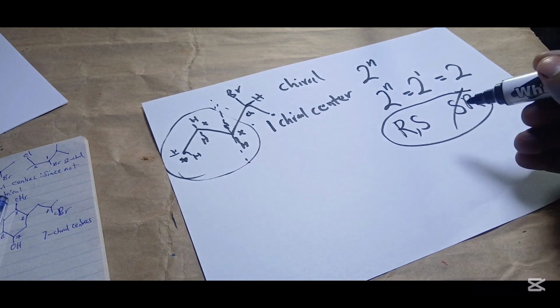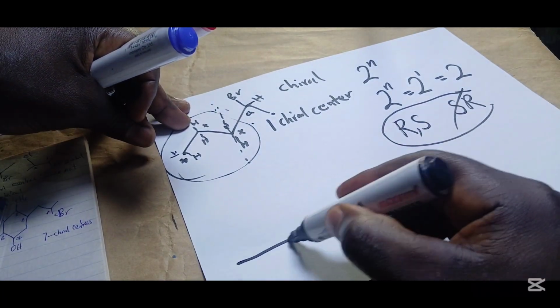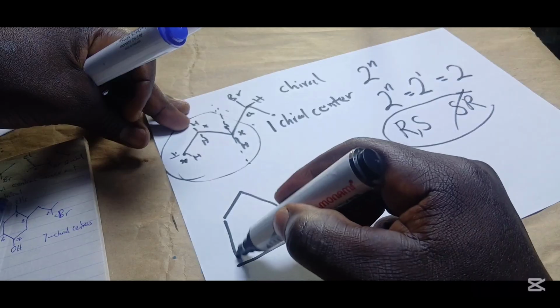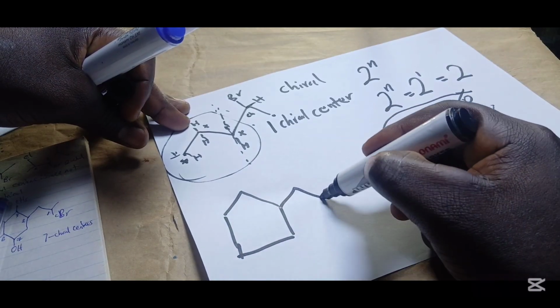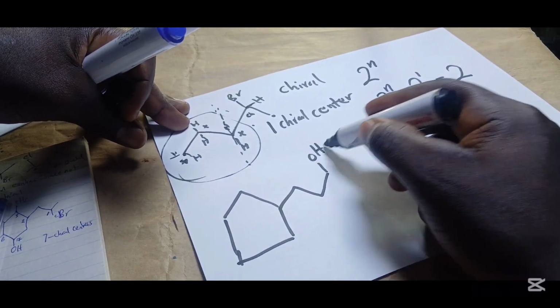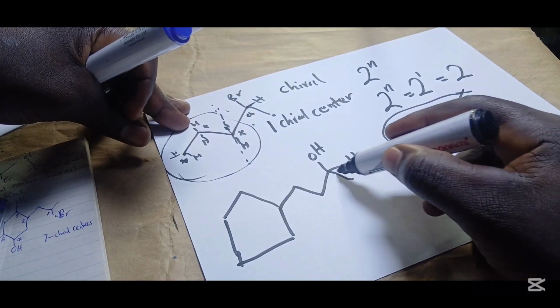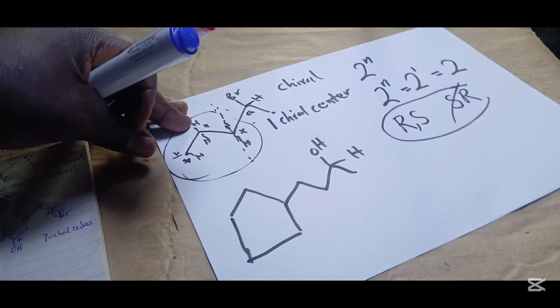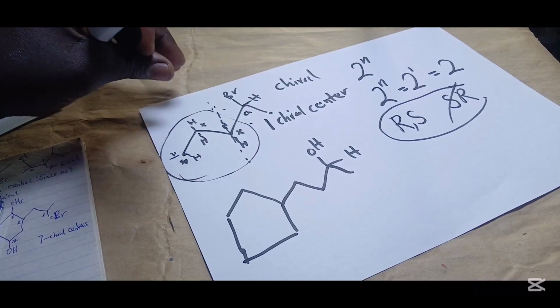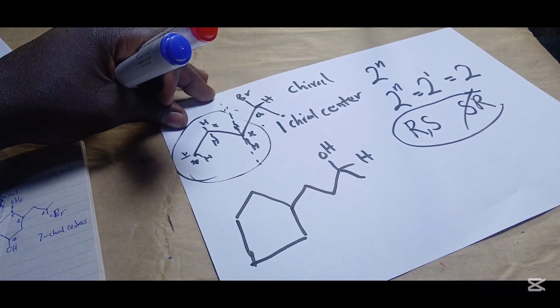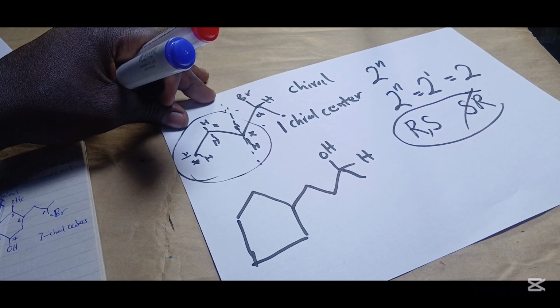Is this molecule chiral or achiral? Or how many chiral centers can you see in this molecule? So straightforward, we start looking at the carbons that have 4 different groups attached to them.